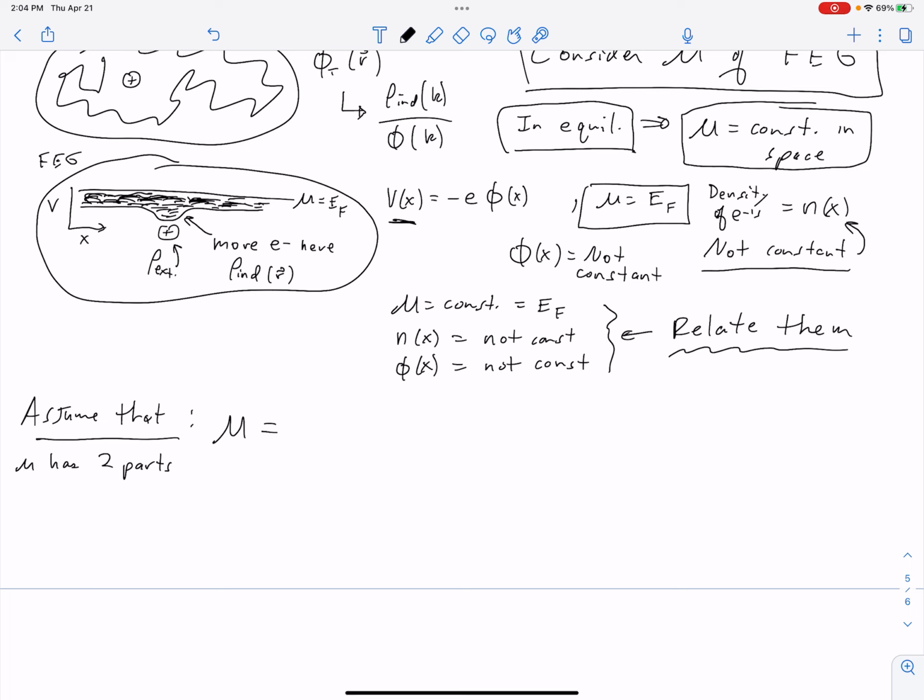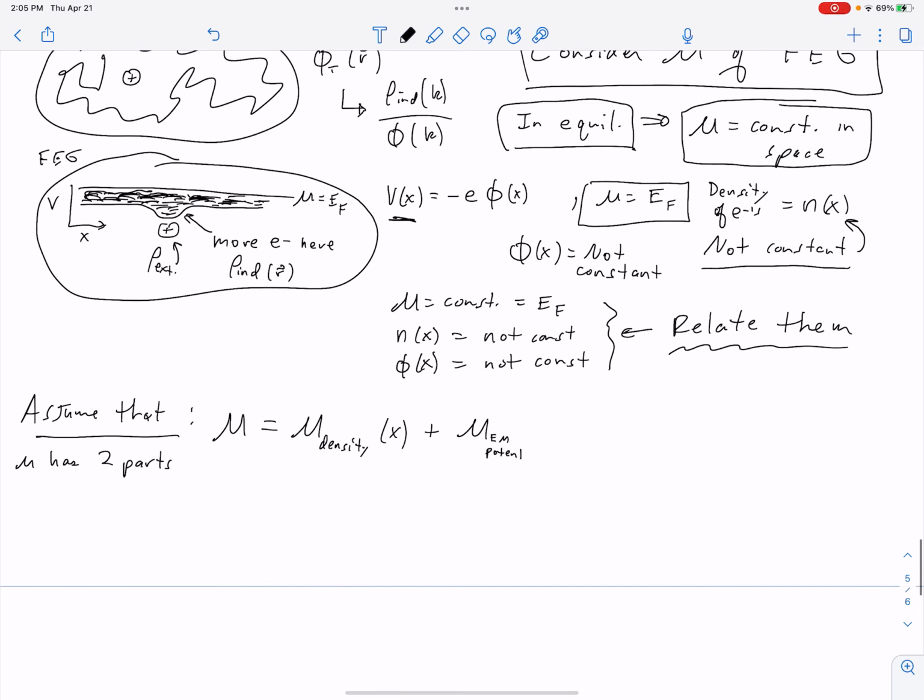One part of mu comes from the density of electrons. That makes sense because if I have more electrons, a higher density of electrons, then they're at higher energy. But another part of the chemical potential comes from the electrostatic potential, the electromagnetic potential, which also changes in space.